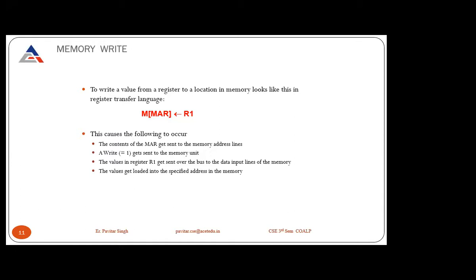In both cases, you should know the location where to read the contents or where you are going to store the data. In this case, we have data in, and your write will be activated to 1. The value of write, where your R1 is attached. So first of all, the contents of the MAR get sent to the memory address line.